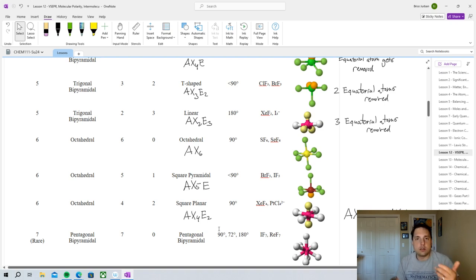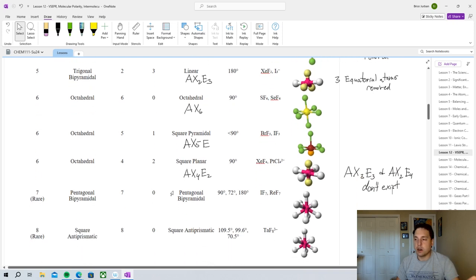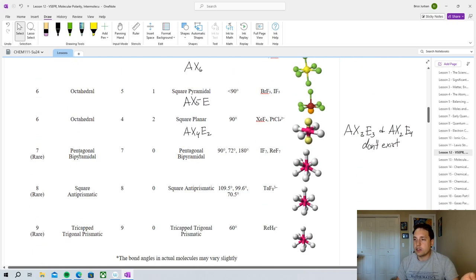And one way I told you that we can rationalize why some of these central atoms can have expanded octets is because they're in the third period or greater, and they have access to d orbitals. When you have an electronic geometry with a coordination number of 6, we're only making use of 2 of those d orbitals. So there actually are some rare instances where we can make use of a 3rd, 4th, and even a 5th d orbital, and then we're out of d orbitals and we're out of luck at that point. Those electronic geometries are called pentagonal bipyramidal, square antiprismatic, and tricapped trigonal prismatic.